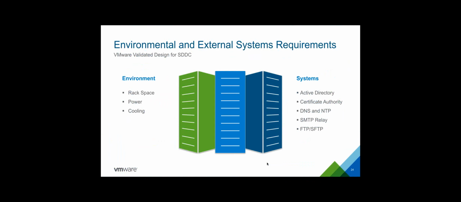Do I have the requisite real estate for it? Do I have necessary power and cooling? Can I provide dual power? Can I provide enough cooling to keep the systems cool and within operational ratios?